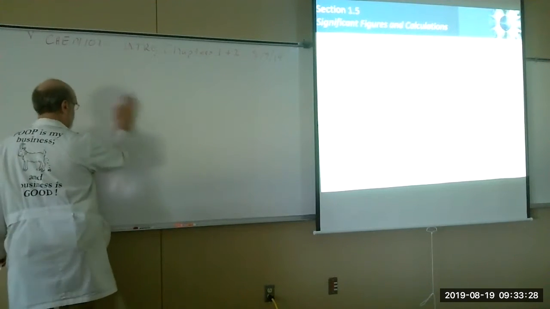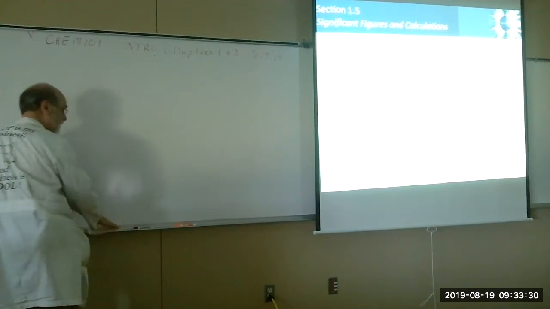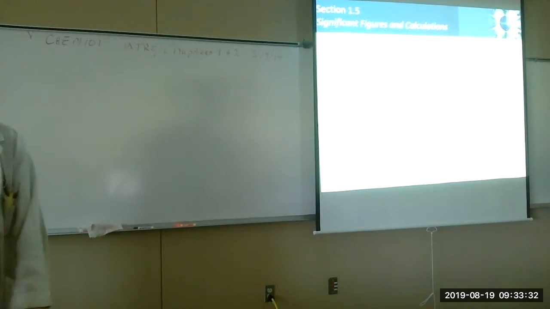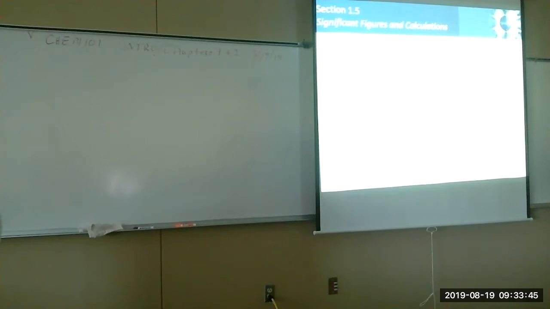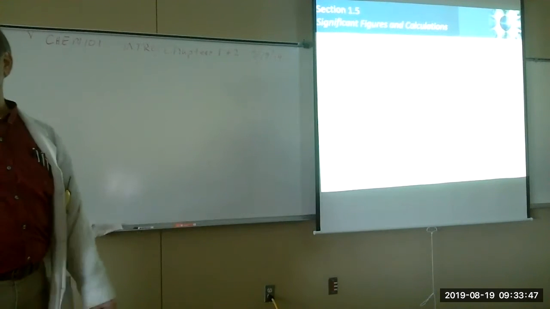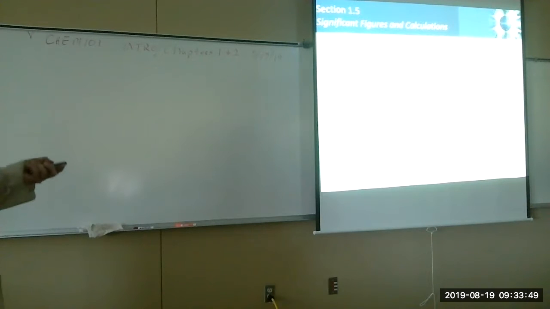And then there's another class of number called exact numbers. For calculation purposes, you don't have to know how many significant figures there are in these numbers. For calculation purposes, they're infinite. There are as many significant figures in these numbers as you need. Right? So if you do a calculation with an exact number, you can ignore it. It has no bearing on the outcome.